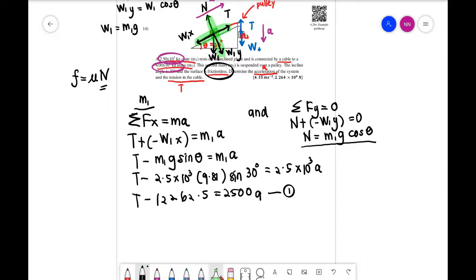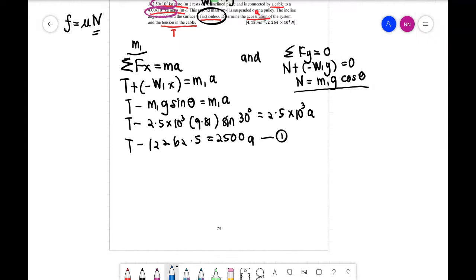Okay, M2. So this is M2. It has weight W2 and tension upward, and M2 moves downward, accelerating downward. So it accelerates in the Y component.